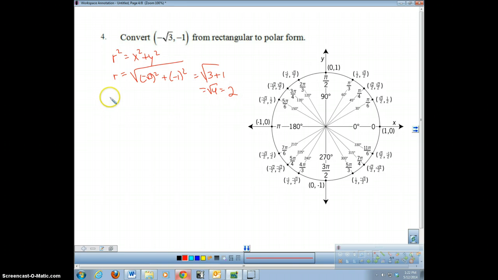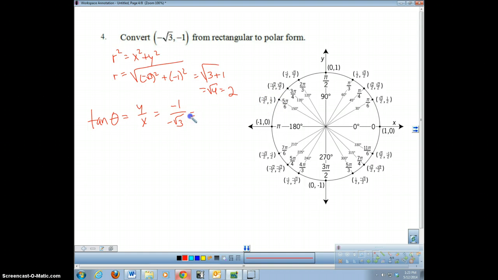So that's my r. To find my theta, I need to look where the tangent theta is the y over the x. Now my y here is negative 1 and my x is negative root 3. So to make this make sense in my unit circle, I have to have it in terms of coordinates in my unit circle.